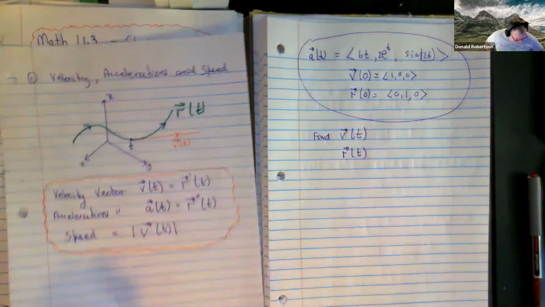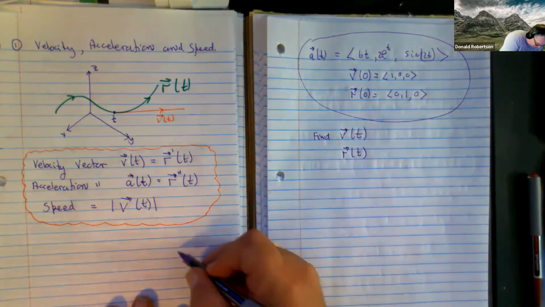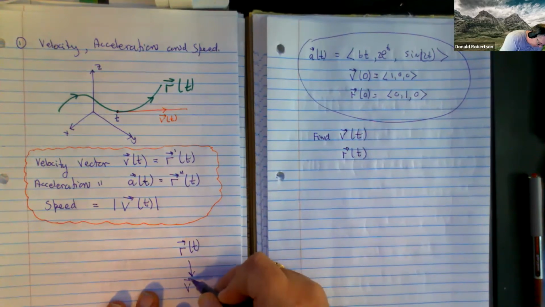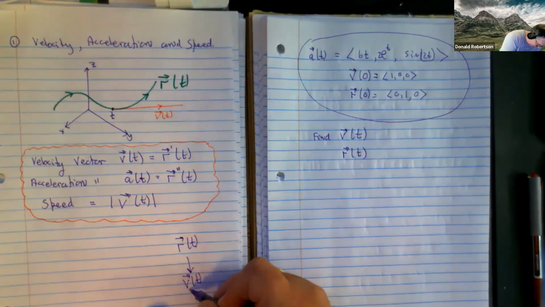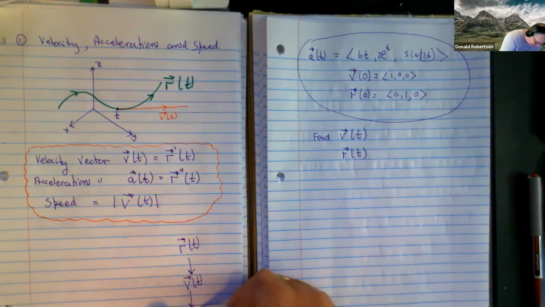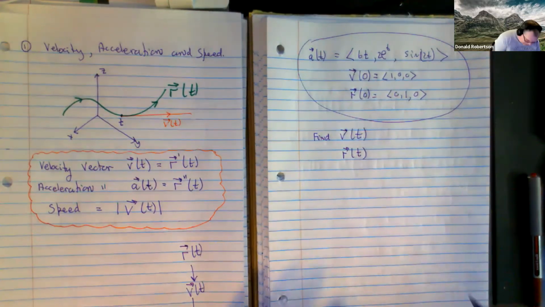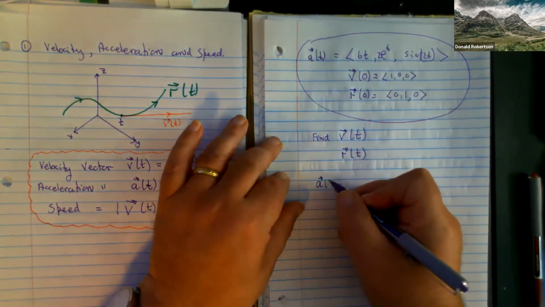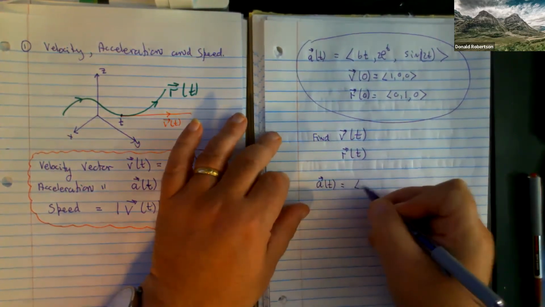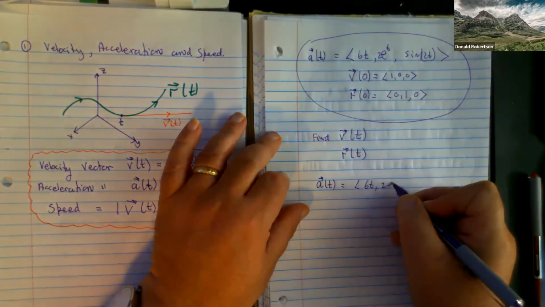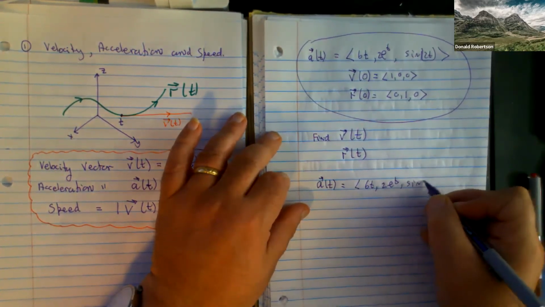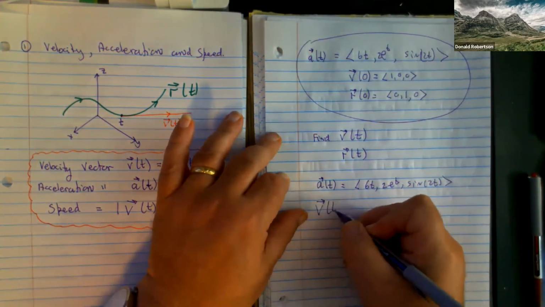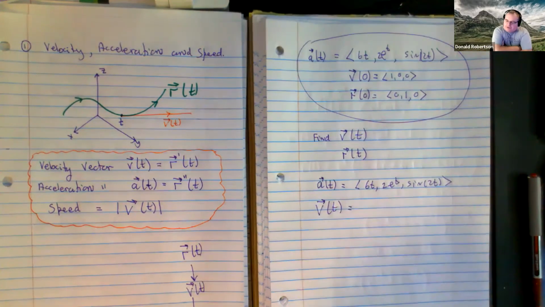Now, we've just been doing things this way, haven't we? We've started with this guy, differentiated to get velocity, and then differentiated again to get acceleration. So if I tell you the acceleration vector is 6t, 2e to the t, and sine 2t, and I ask you to figure out what the velocity vector is, what do you think you need to do?